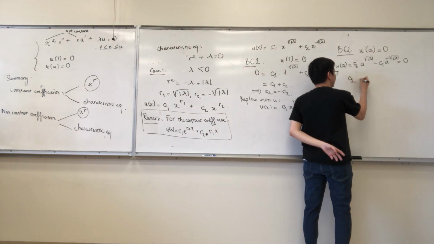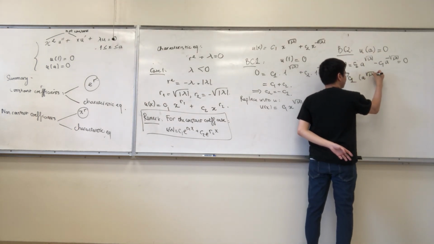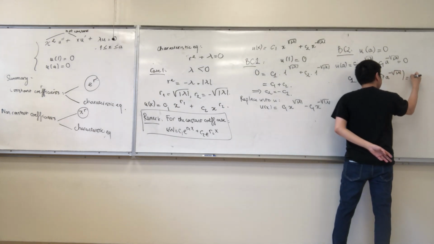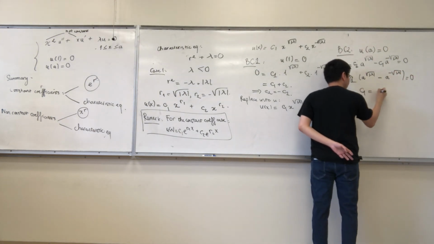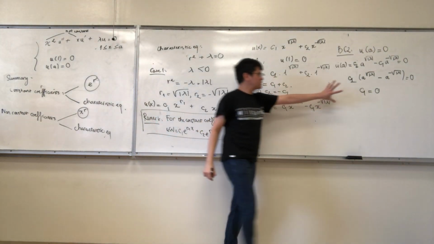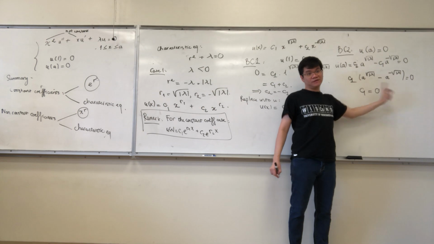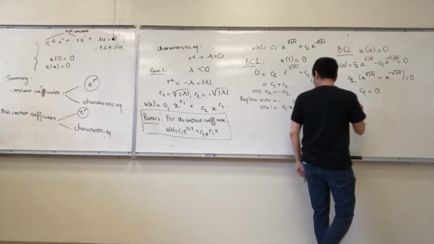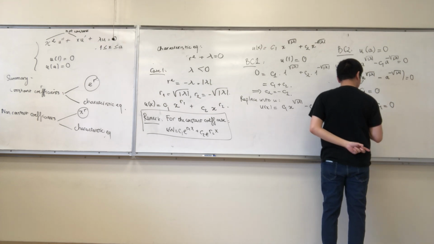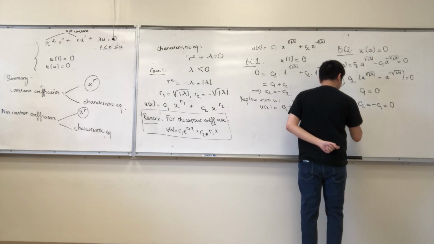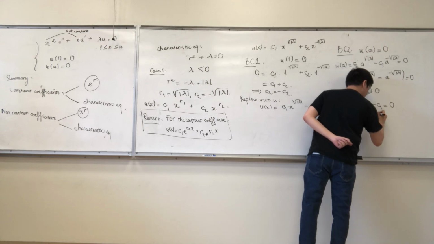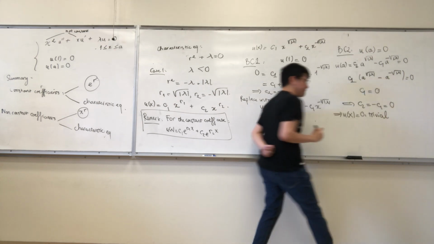So c1 times a to the square root of lambda minus a to the minus square root of lambda is 0. So c1 is 0, because this term is different from 0. So c2 is minus c1, and this is also 0. So u(x) will be 0. This is a trivial solution. We don't take it.